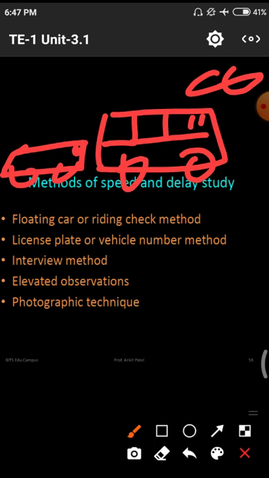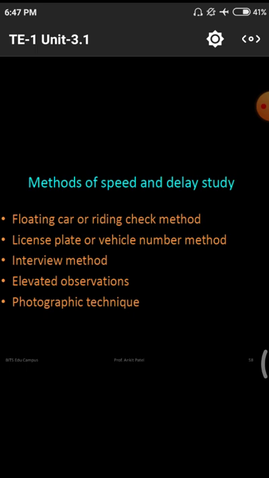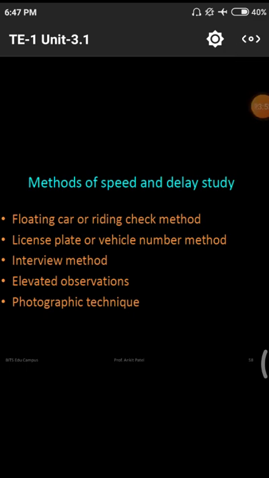Elevation means we need to maintain a particular angle. The camera will have to move in different directions, so that from different angles they can cover the data for clear problem identification. Next one is the photographic technique. In some countries they use drones to verify a particular problem in an area.